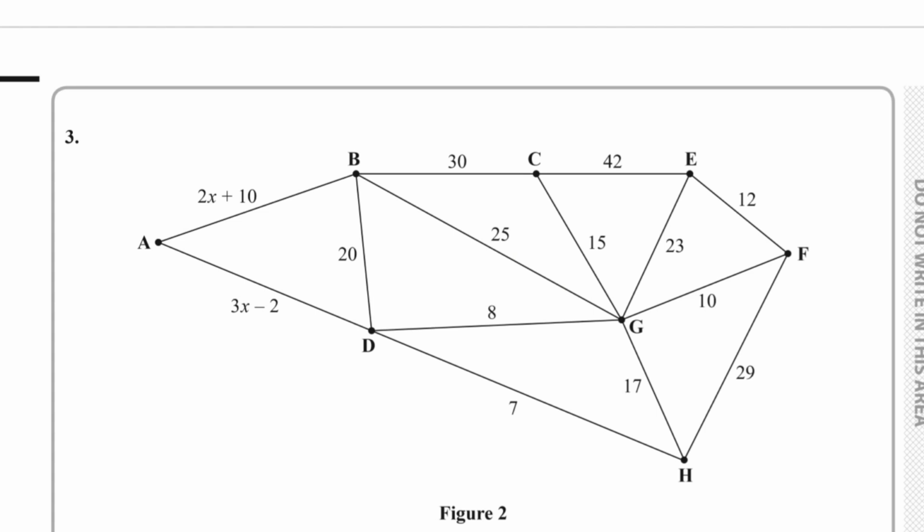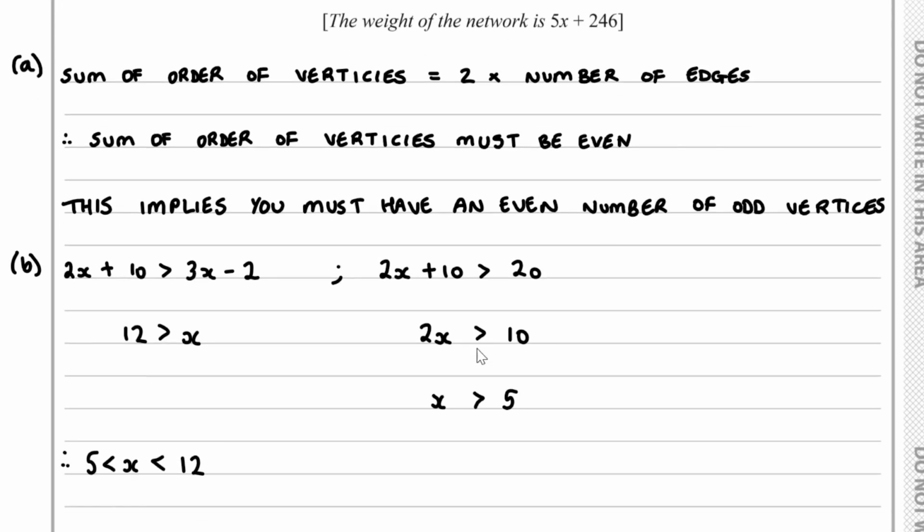So here we've got 2 for A, B we've got 1, 2, 3, 4, C we've got 1, 2, 3, E we've got 1, 2, 3, F we've got 1, 2, 3, H we've got 1, 2, 3, G we've got 1, 2, 3, 4, 5, 6, and D we've got 1, 2, 3, 4. Okay, so what we can now do is write down the odd vertices.